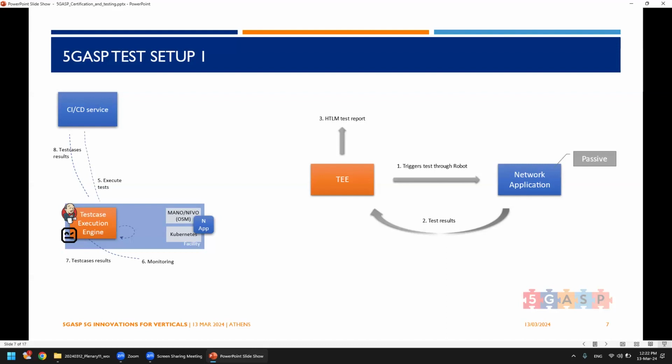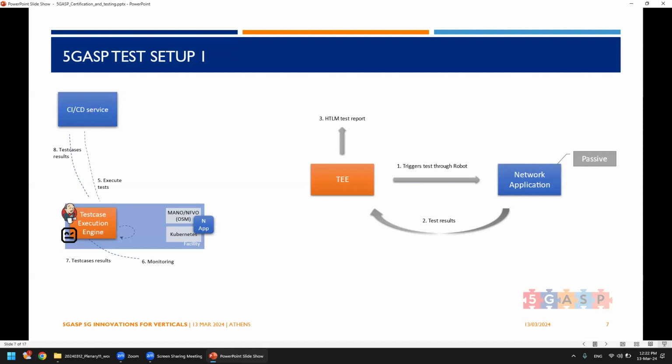In this specific test setup, as you can see in the figure at the right side of the screen, the network application is considered the passive element because the flow is initiated by the test execution engine that triggers a Robot test to be run against this network application.